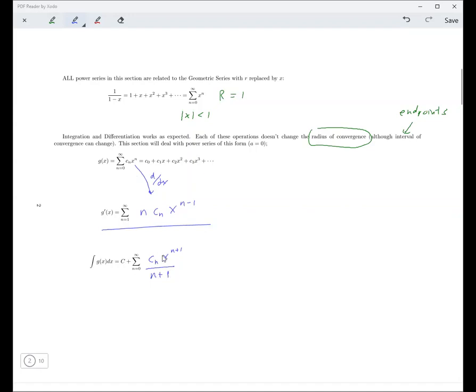And so what I said before about the endpoints, if you take a derivative, you have this n coming down, which makes it harder to converge, but it only really applies to the endpoints. And then when you take integrals, you're dividing by n plus 1, which might make it easier to converge, because the terms are going to be smaller. Here the terms are going to be larger. Okay. So that's how integration and differentiation works.